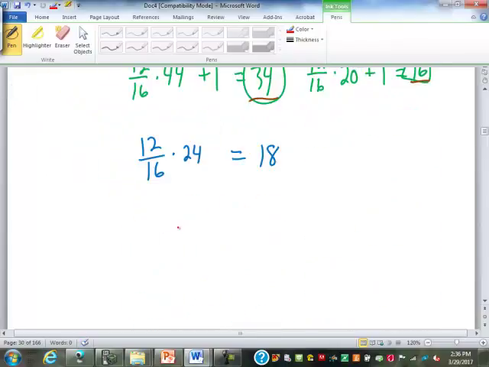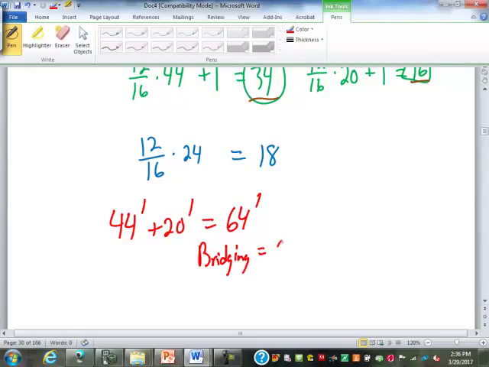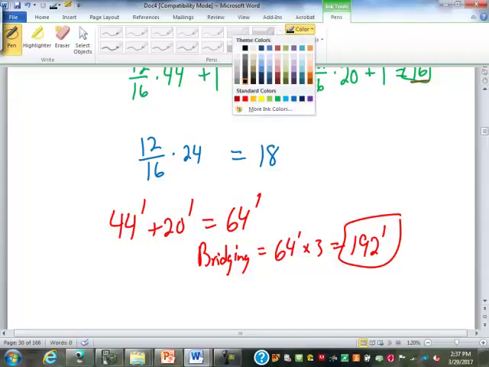So the run of the bridging would be 44 feet plus 20 feet, which would be 64 feet. So then the amount of bridging actually needed is 64 feet times 3, or 192 feet. So we need 192 feet of 1x3s to make our bridging. What do you think? Okay.